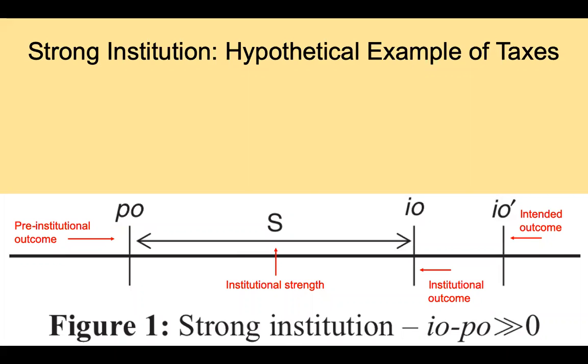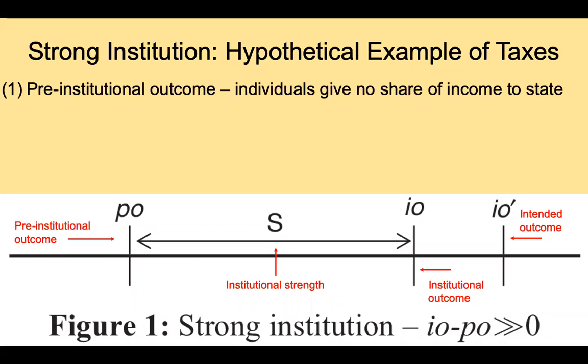And so what we can say first and foremost is that in the pre-institutional outcome, individuals don't give any share of their income to the state, at least not because of some rule that says they have to. They may be doing so for other reasons, but not because of the existence of a rule that says they have to. Okay, so that's our pre-institutional outcome. Fair enough.